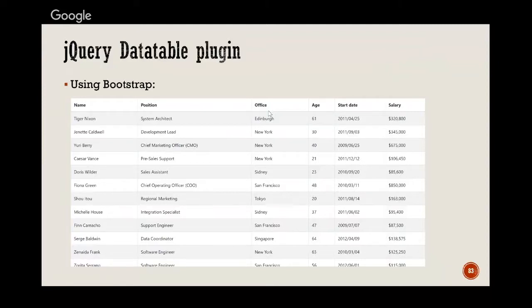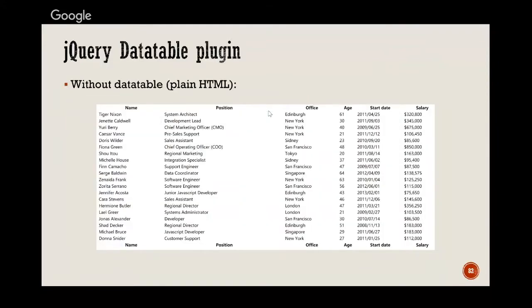On the odd rows it's just a white background, and on the even rows it's gray. They also already have borders, but it's not showing well on the projector. The alignment is also much better, whereas just now the alignment was a bit weird.